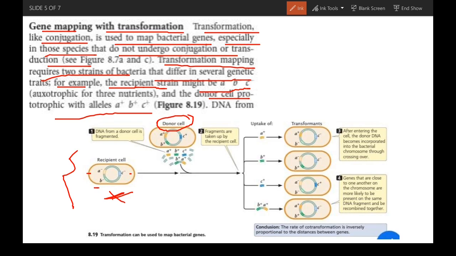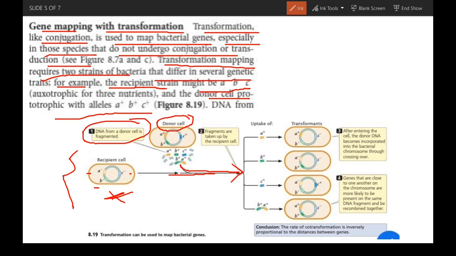Those proteins are required, right? So what happens is that the donor DNA from the donor cell is fragmented somehow. Either the donor cell dies or we kill it, and we take up its DNA and then we fragment it. Either way, DNA from the donor cell is fragmented and then put into the media of the recipient cell, right?